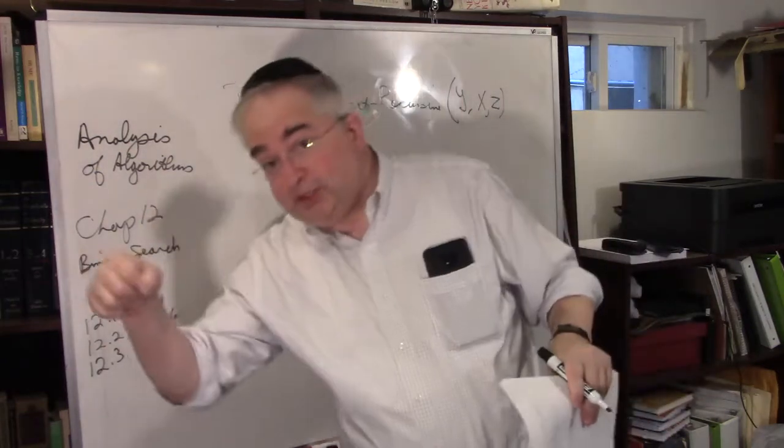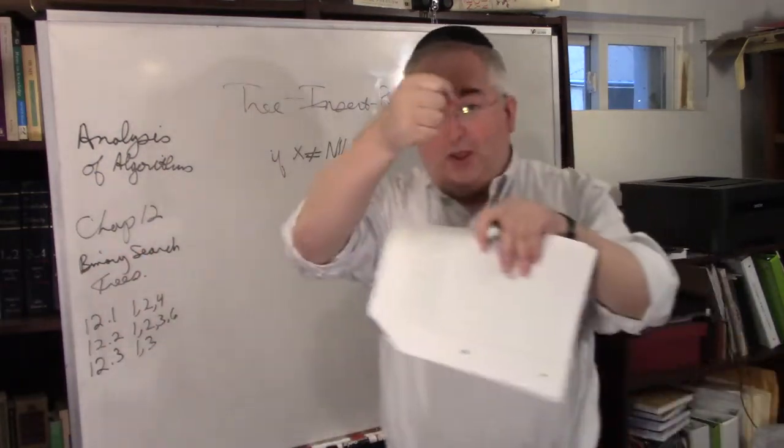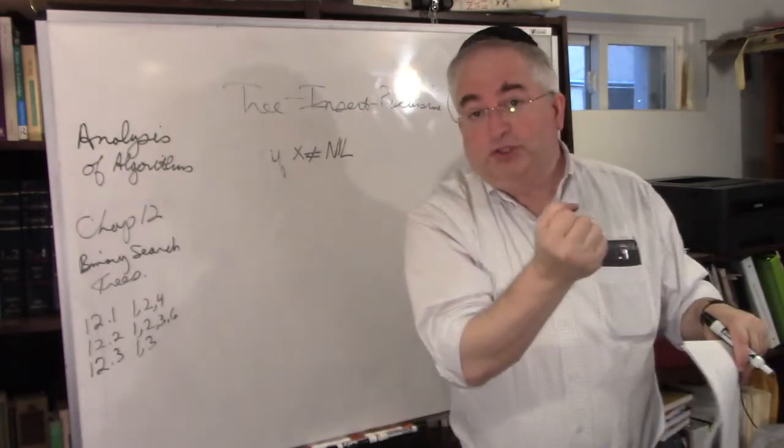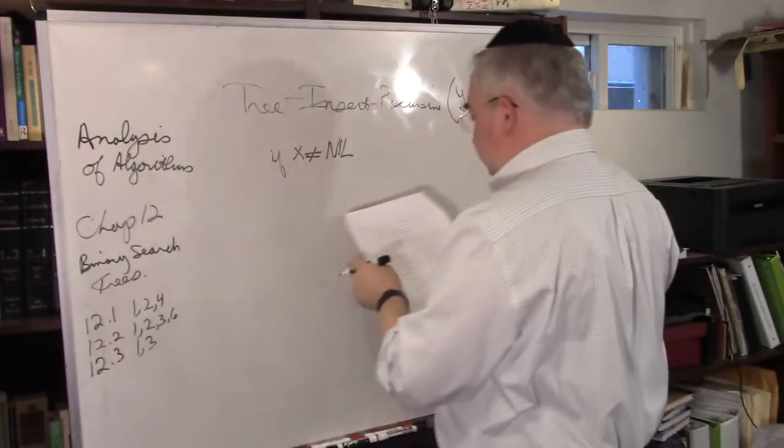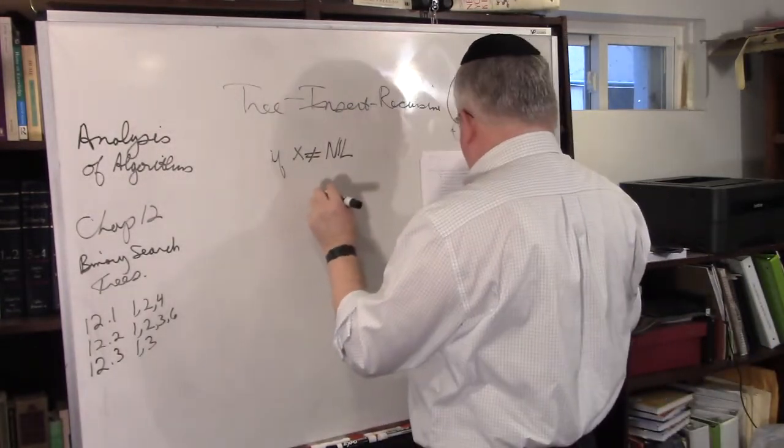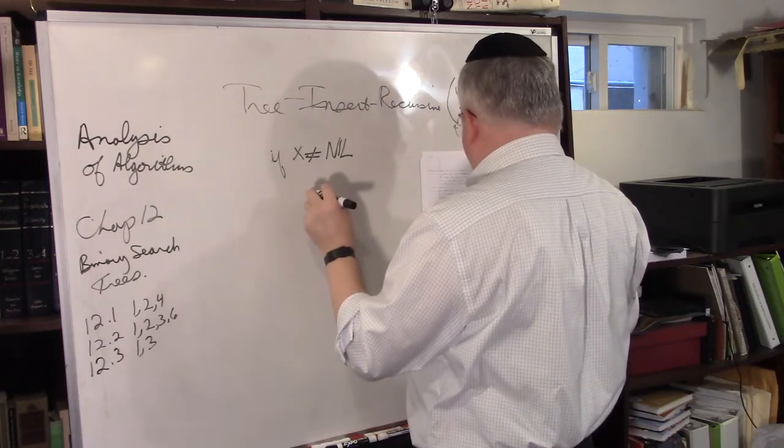Question, should we climb this way? Should we climb this way? You have x, should you go this way or should you go this way? So it goes as follows. If x is not nil, then do the following.